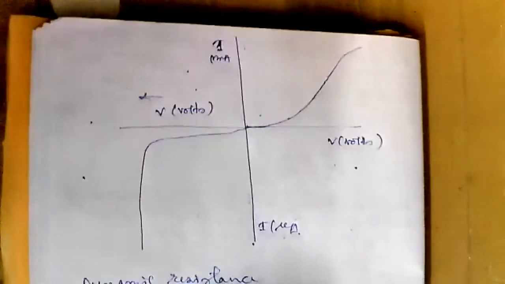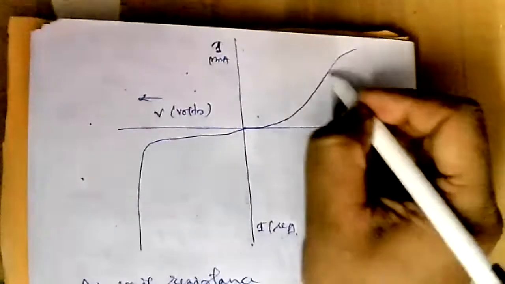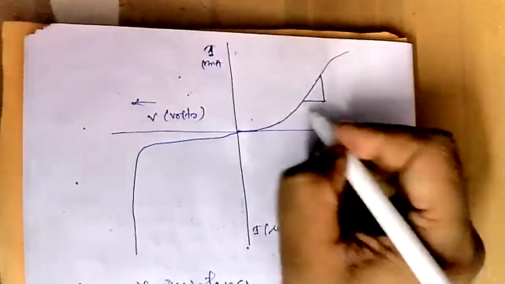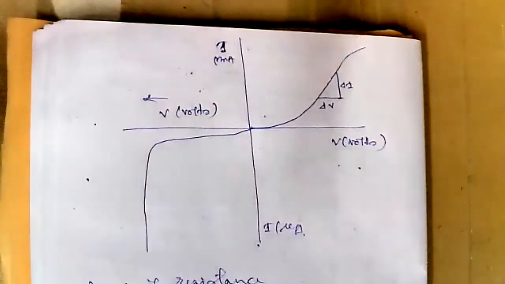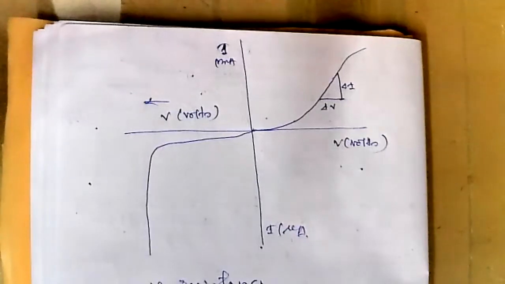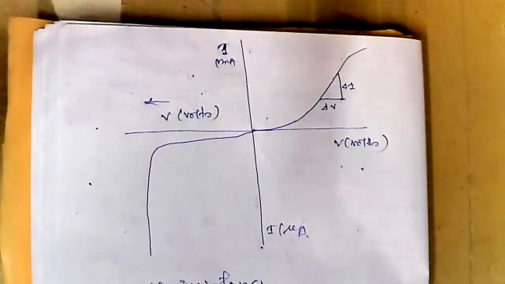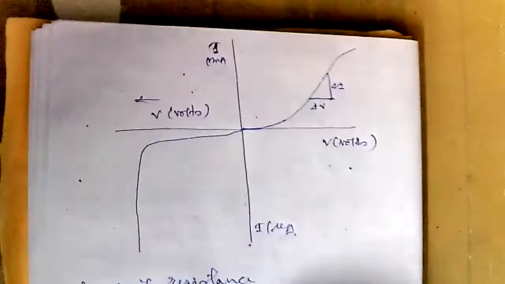Dynamic resistance, RD, is delta V by delta I. So if you take a very small change in voltage and a very small change in current, it is measured in ohm.